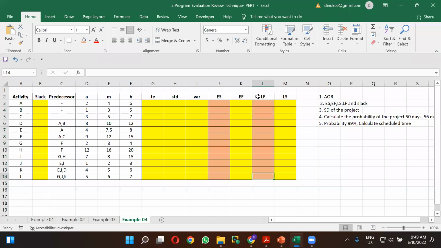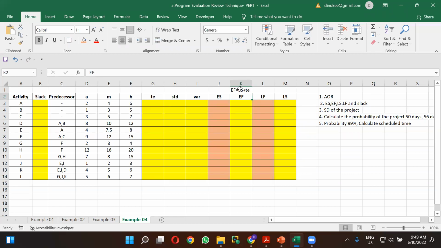But for calculating the early finish time, you can use this equation. Early finish time is equal to what? Early start time plus duration. But here we are taking the TE, the expected time duration. So after getting the early start time plus the expected time, you can get the early finish time.